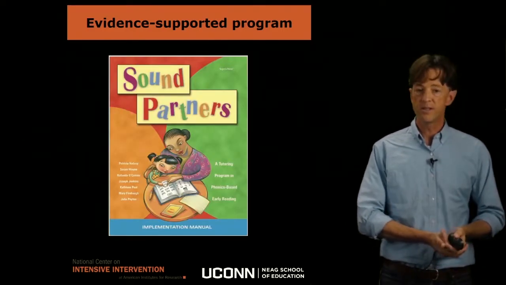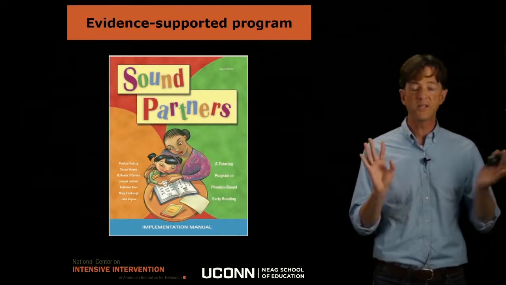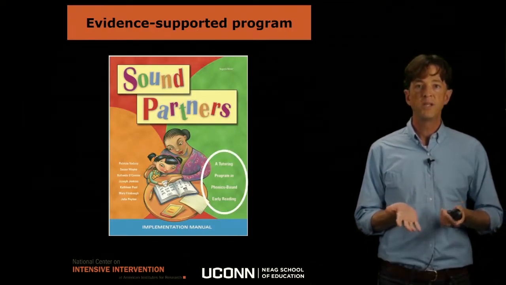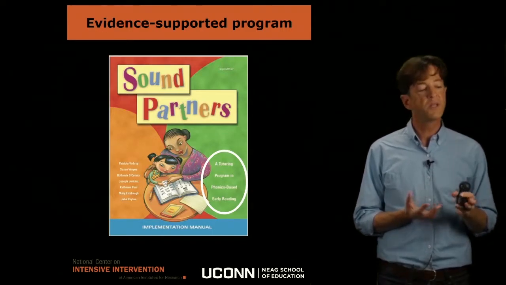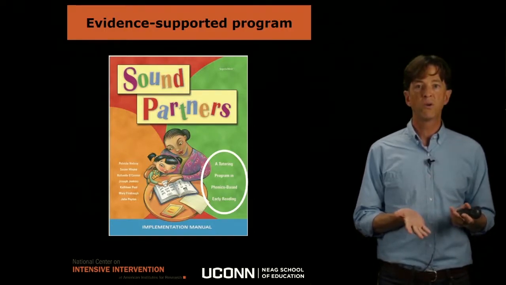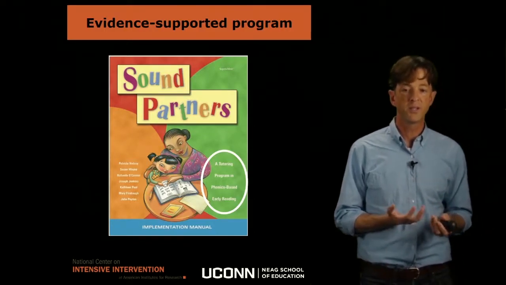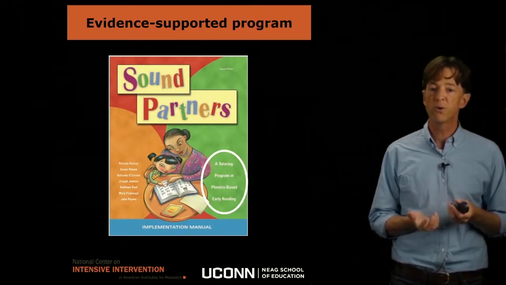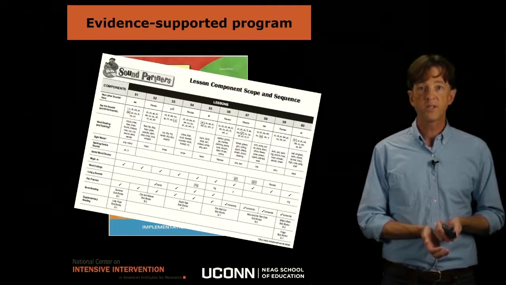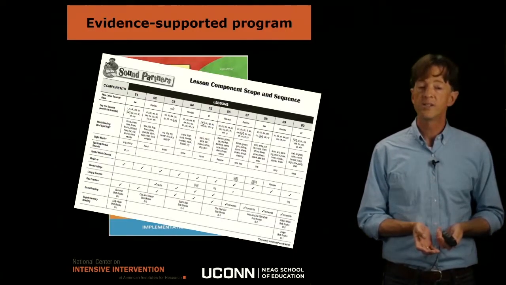So Sound Partners, there's no reason that I picked this. It's just an example of an evidence-based program. We see that this is a single component intervention. It says a tutoring program in phonics-based early reading. This is a program that's designed as a tutoring program for kids in K through 2nd grade. We also see that it comes with a scope and sequence.